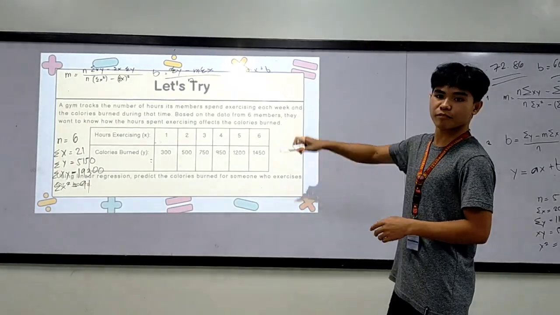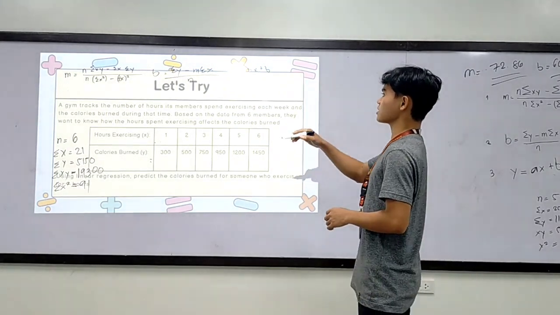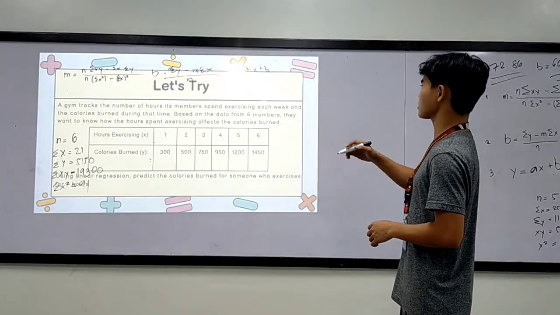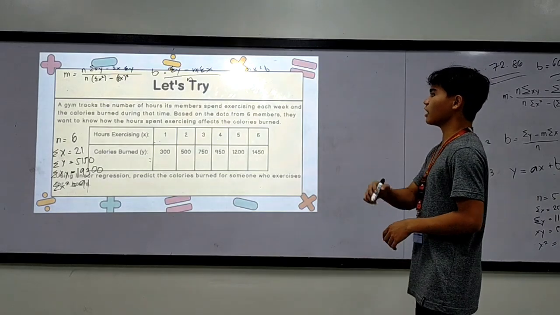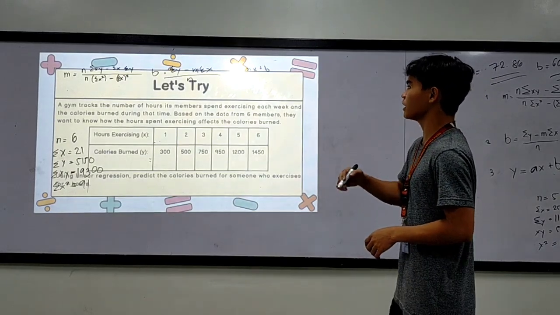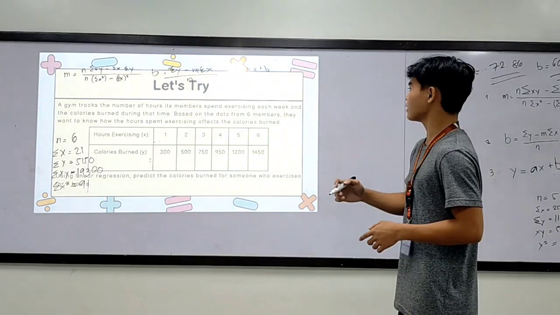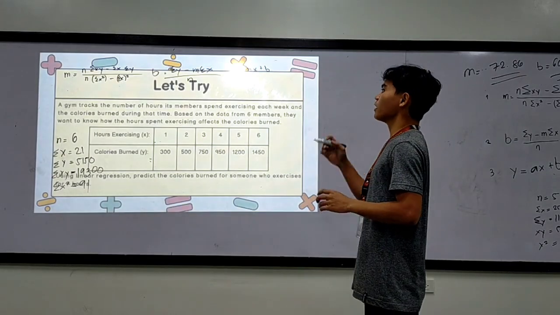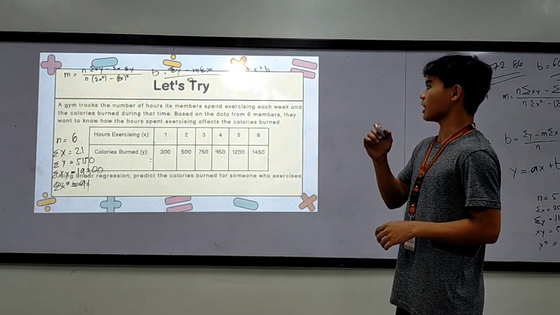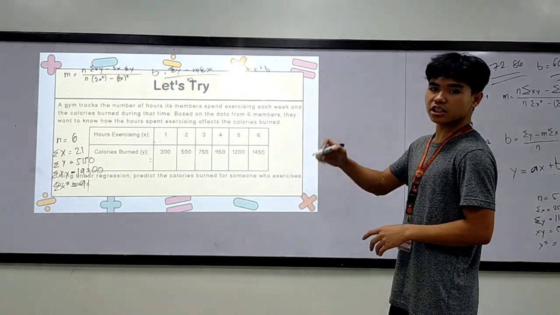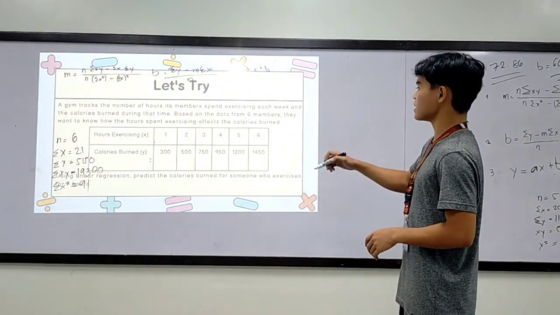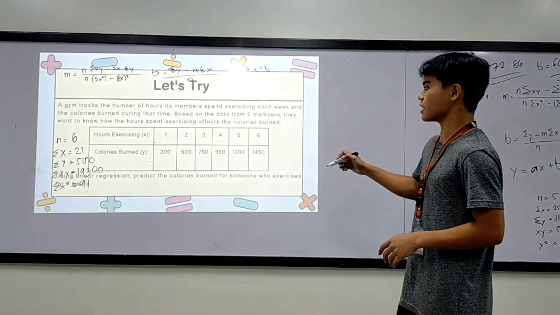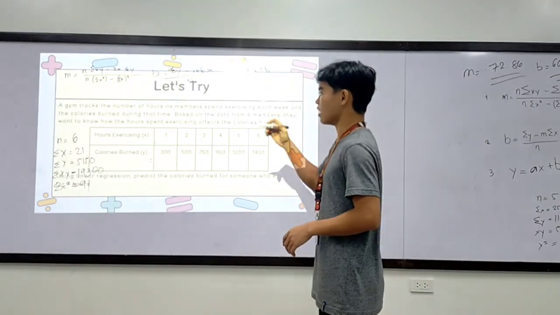So let's try problem number 5. A gym tracks the number of hours its members spend exercising each week and the calories burned during that time. Based on the data from 6 members, they want to know how the hours spent exercising affect the calories burned. So using linear regression, predict the calories burned for someone who exercised for 7 hours.